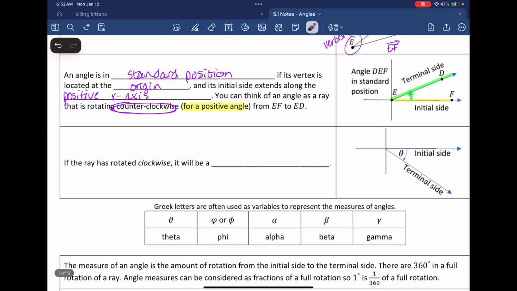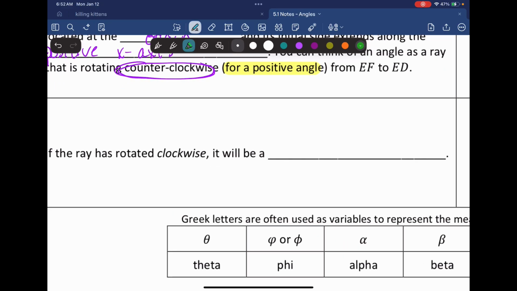If an angle is rotated clockwise, then it is a negative angle. The negative just represents the direction that you rotated. Positive is counterclockwise, negative is clockwise.